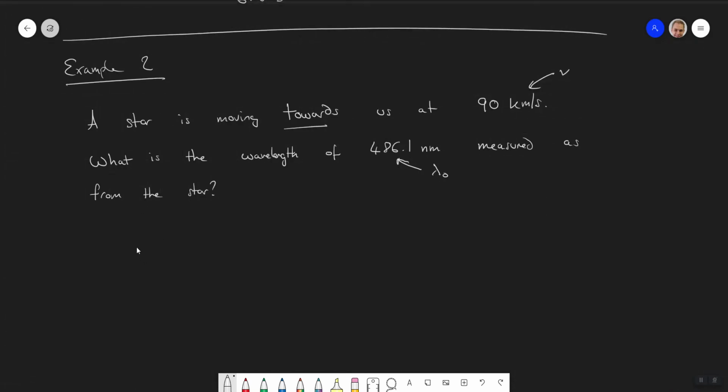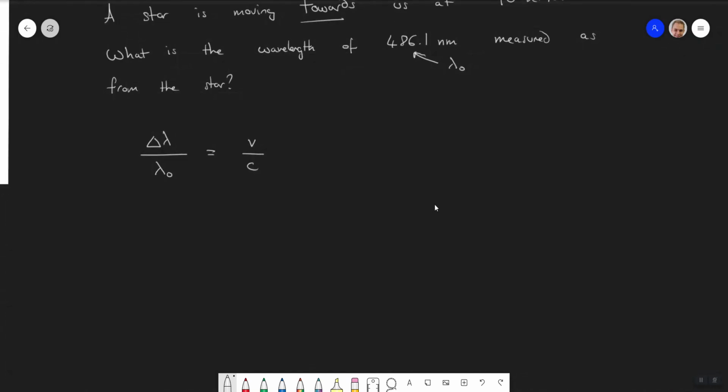The change in wavelength over lambda 0 is equal to V over C. So the change in wavelength over 486.1 is equal to 90,000 over 3 times 10 to the 8.